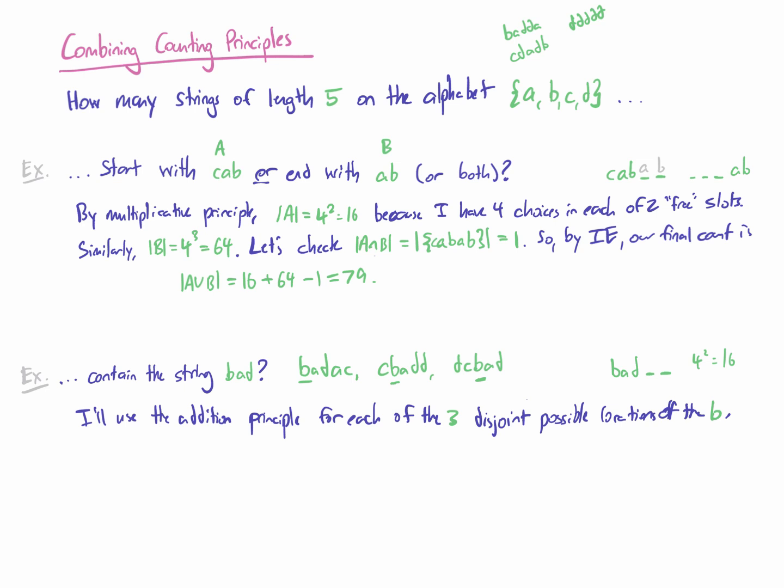So for each possibility, there are 4 squared, or 16, possible strings by the multiplicative or product principle.